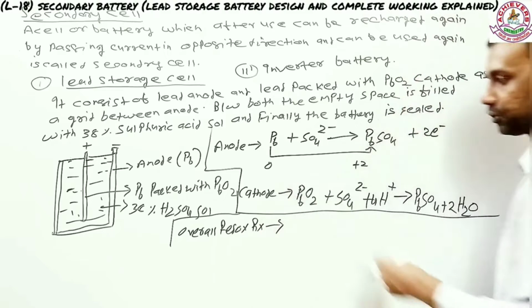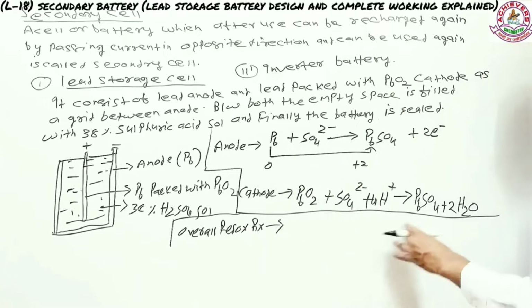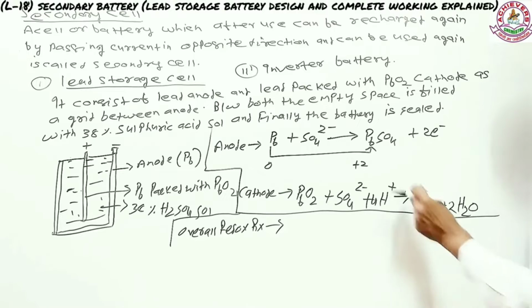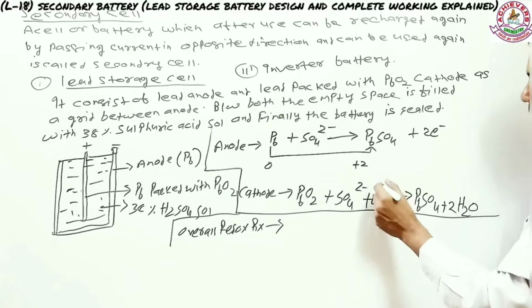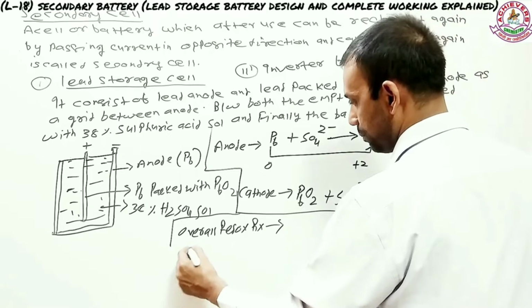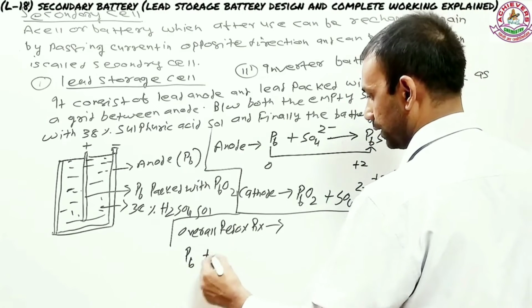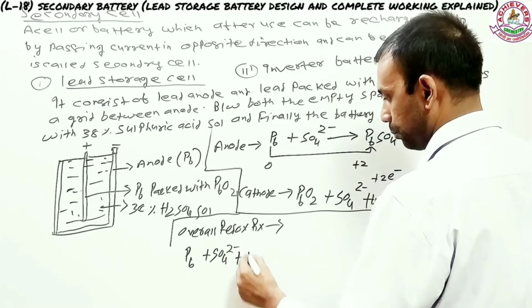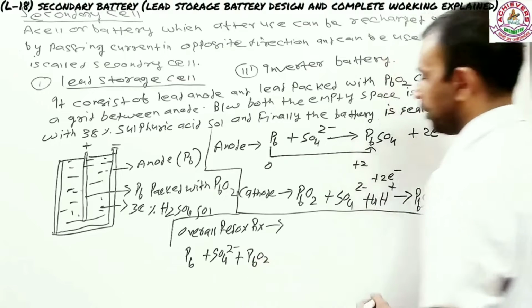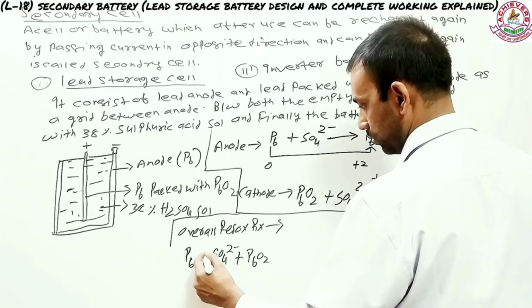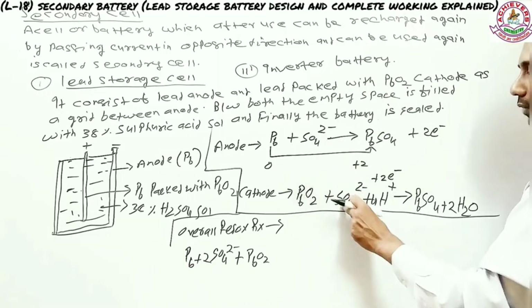You probably do know how this is made. You have to add both the reactants to their side and the products to their side. There will be some electrons also. So Pb plus SO4 2- plus PbO2, let's multiply the sulfate by 2, because there is one sulfate over here and another sulfate over here.